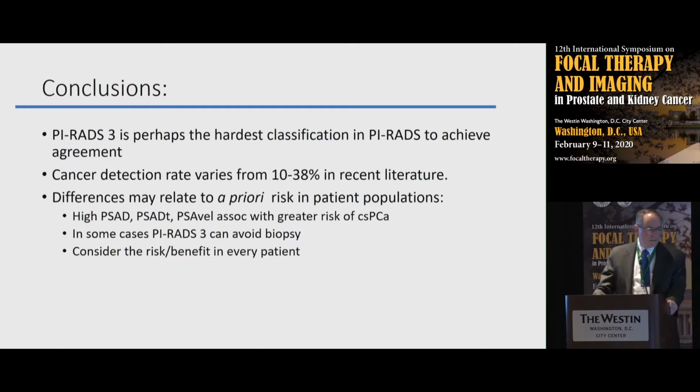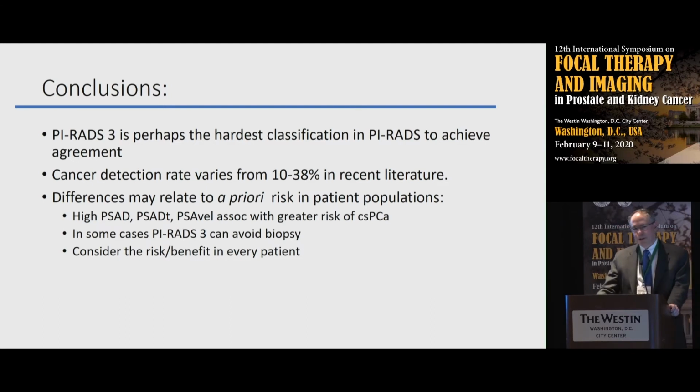So my bottom line is that PI-RADS 3 is perhaps the hardest classification in PI-RADS. It's full of inconsistencies and difficulties in reproducibility, and that's seen in the literature where the cancer detection rate can vary from 10 to 40% in the recent literature.